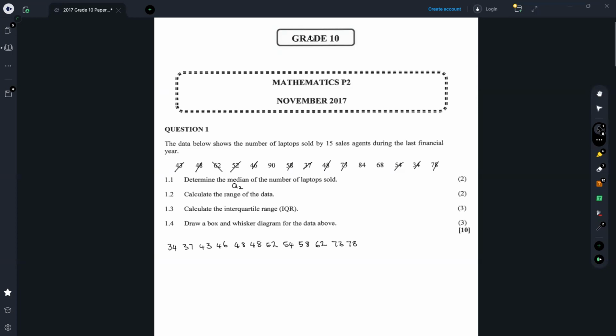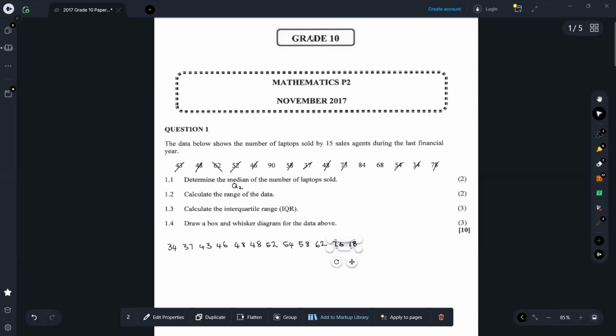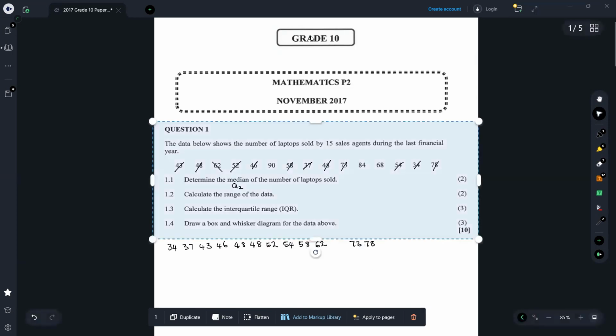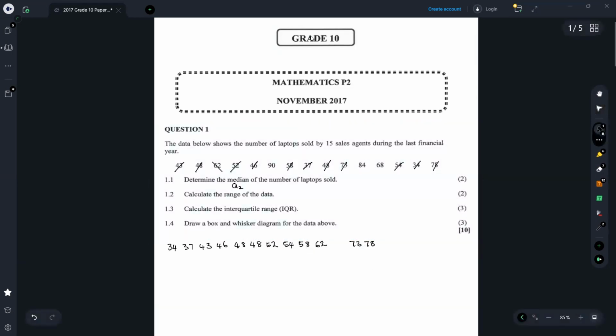Ooh, it looks like we missed a 68 there, right? So I'm just going to move the data and slot in that 68 somewhere there. So I'm going to slot in that 68 that we have missed, which is this value here.